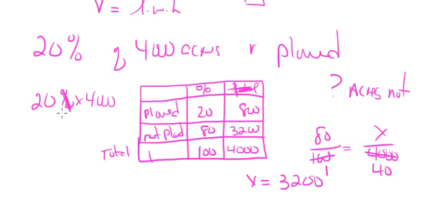Then we can reduce that to 1/5, right? 1/5 times 4,000 over 1. It would be 800. And that's telling us that 800 is plowed, right? So then we would just subtract that from the 4,000 and get our 3,200 that way. So that is another way to do it.